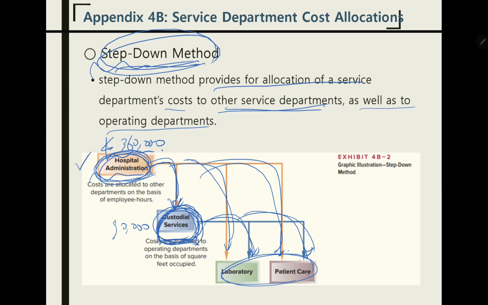Okay. First, we allocate the hospital administration, and then we allocate the other service department custodial services cost to only the operating department, but we do not allocate custodial services cost to the hospital administration. Okay, this is the step down method.